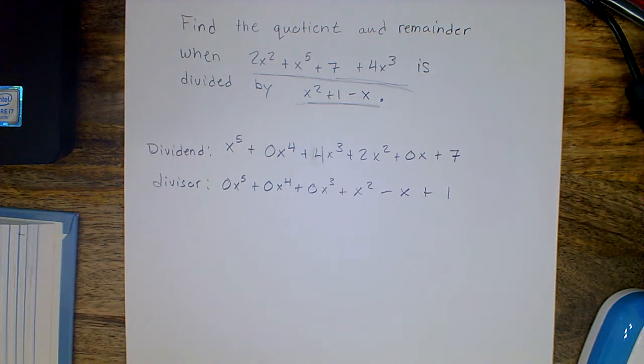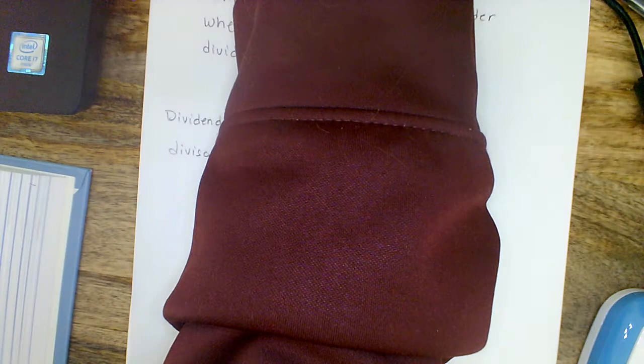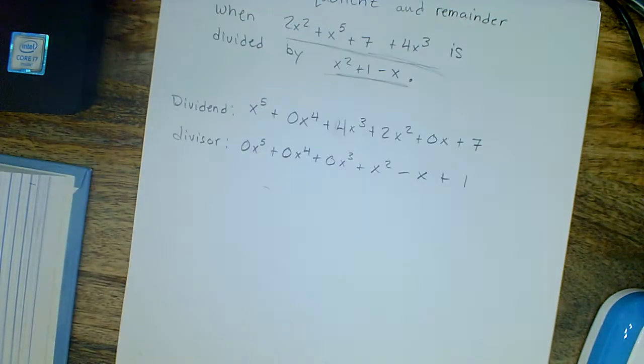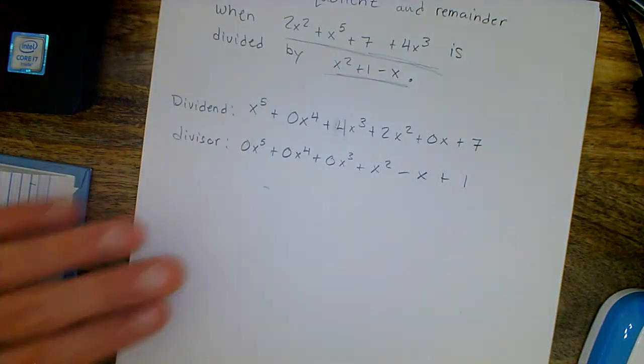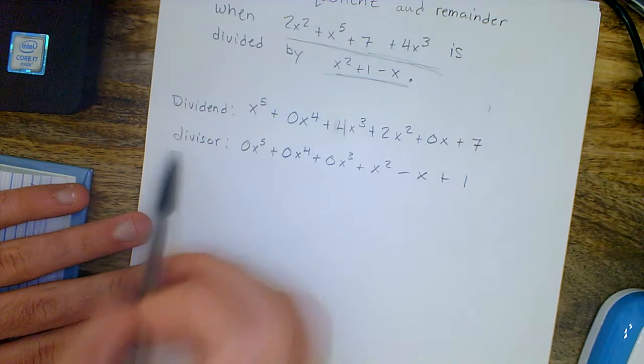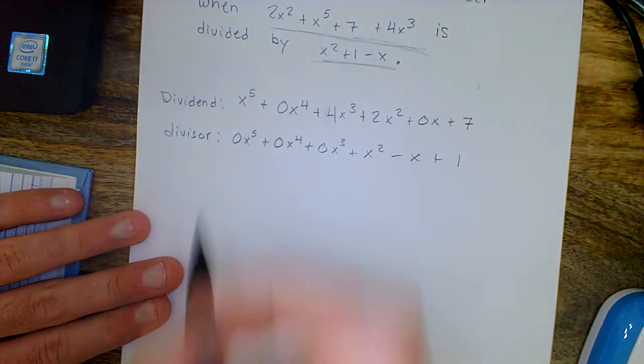So now you want to rewrite this here. I guess you don't really need to write out the divisor this way.